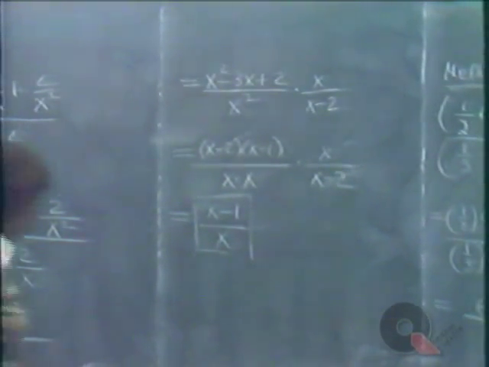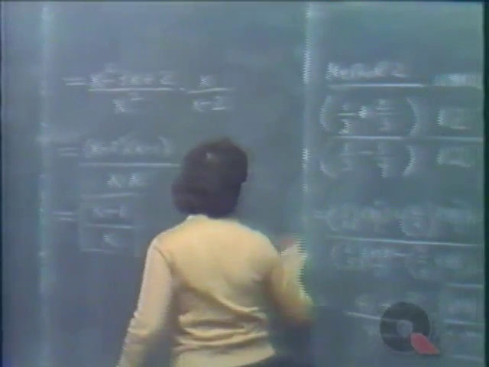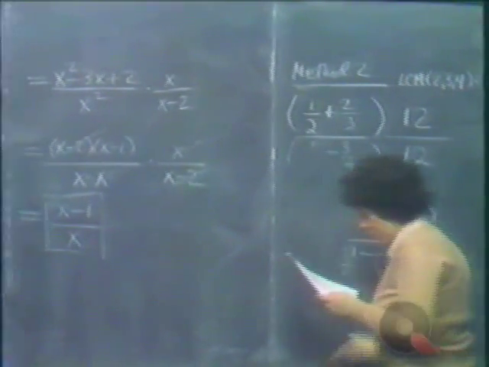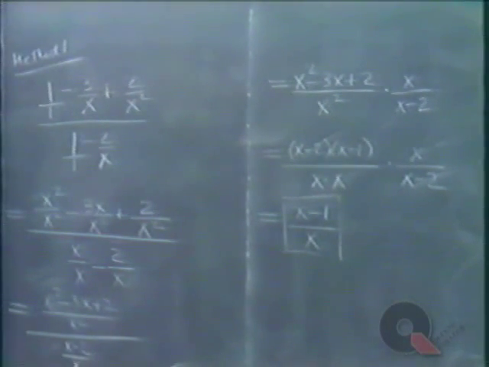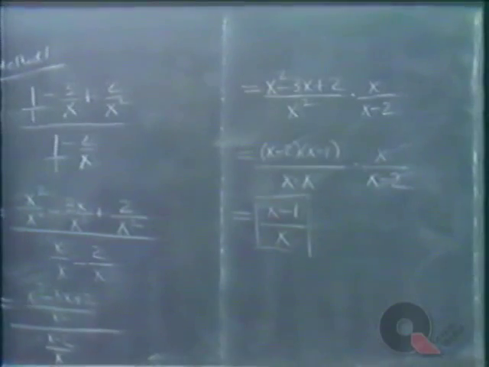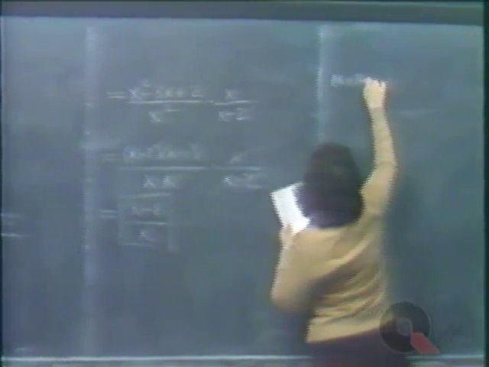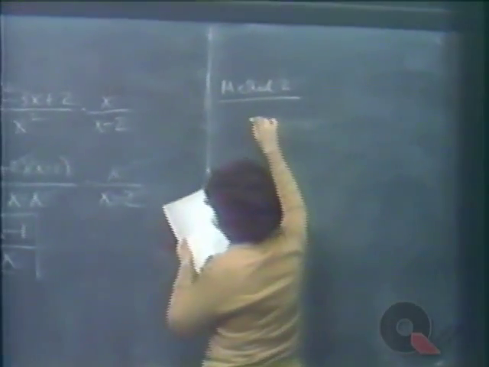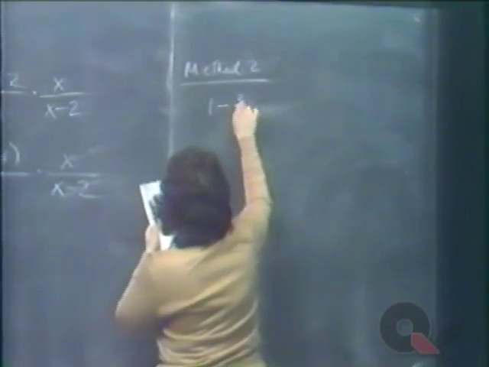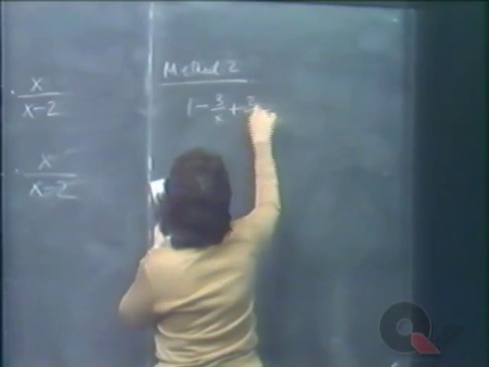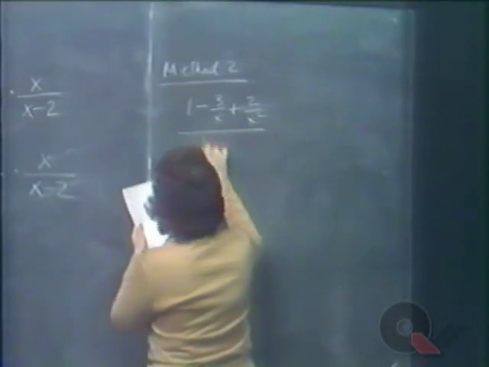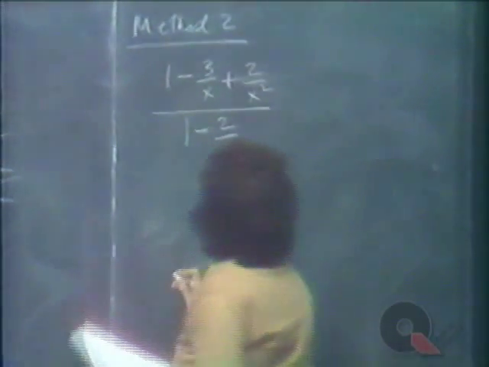Okay, now I'm going to try the same problem using method 2. Okay, the problem as it was originally stated. One minus 3 over x plus 2 over x squared divided by 1 minus 2 over x.